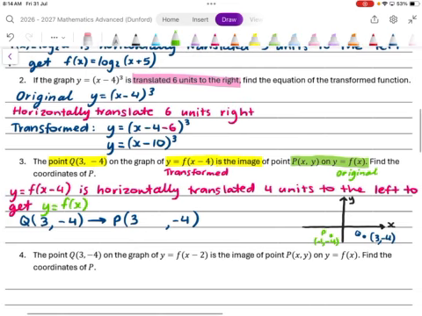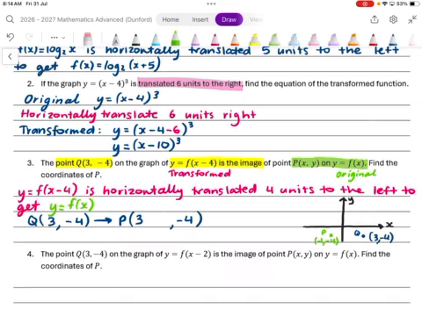Does that make sense? See how drawing a little image makes sense in your brain? Because P is our original point. It was then translated to become Q, but we're going from Q back to P. So in order to get to P, what we have to do is take 3 minus 4 to get -1. To get P is going to be (-1, -4).